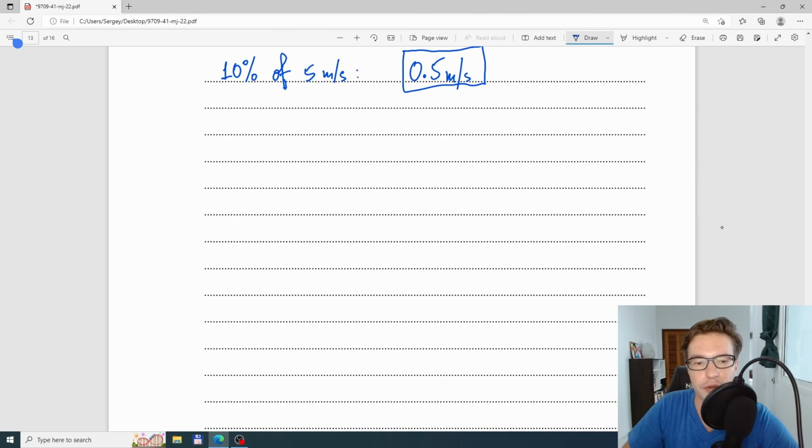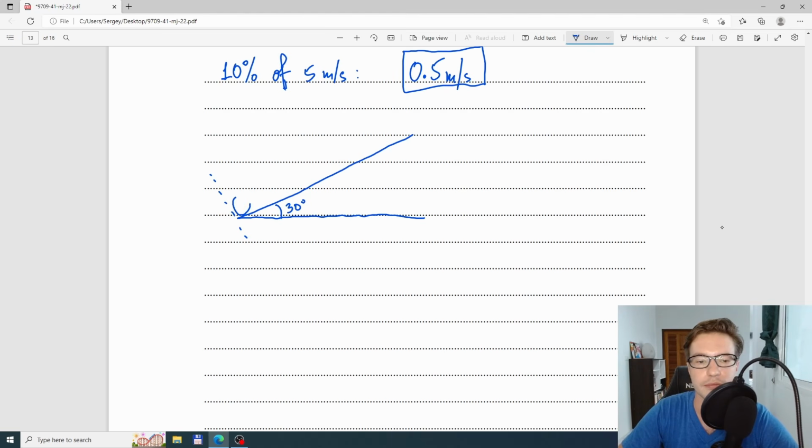Now let's draw the diagram for the next part of motion. The particle B starts going up from the barrier with the initial velocity of 0.5 meters per second, and then at some point it's going to collide with particle A. Let's say collision happens somewhere here.